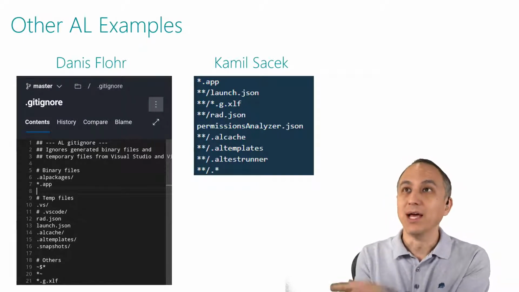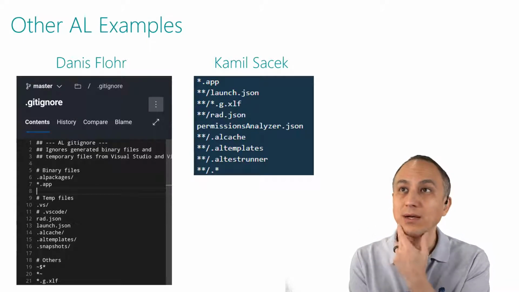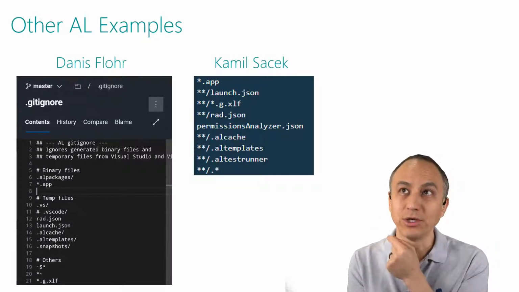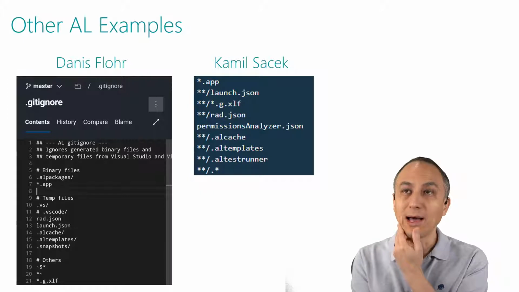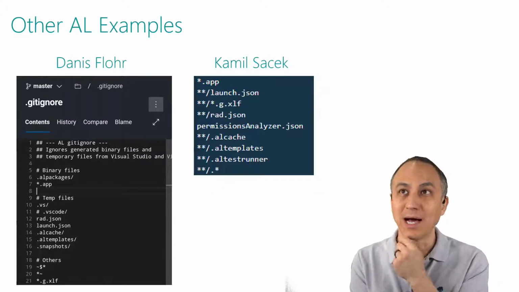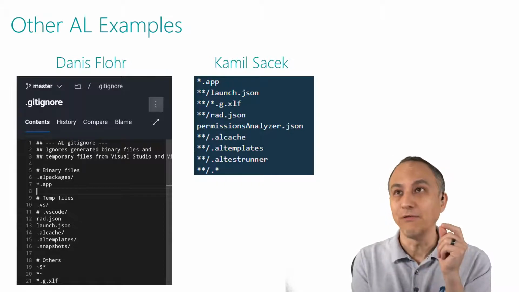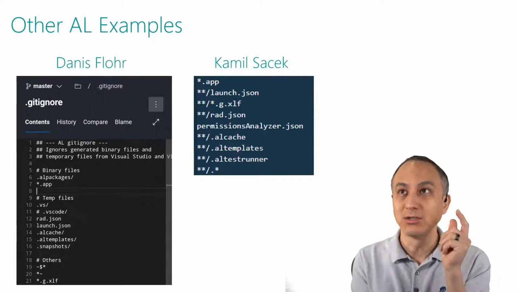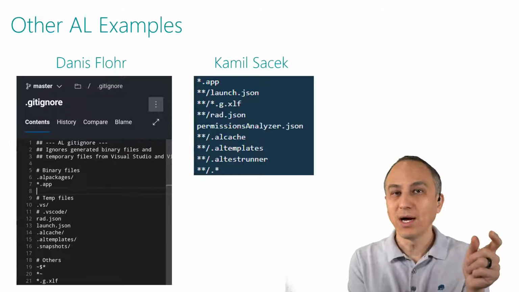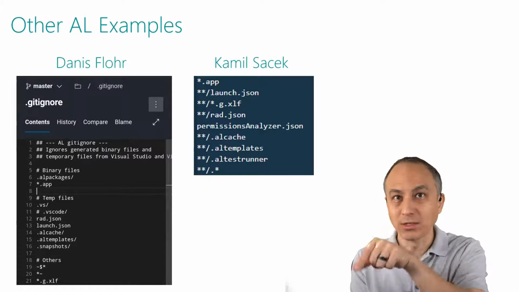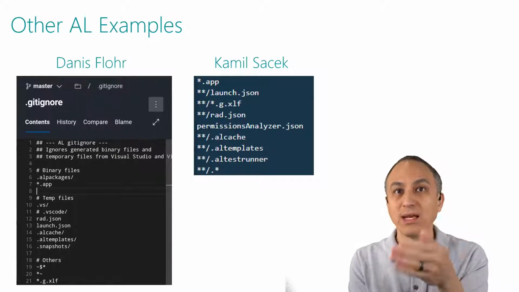And then Camille responded with his. His is interesting. It takes a different approach. He's got the star.app, but then he's got the double asterisk. And I had to look that up. What that does is it says if you find launch.json in any directory or subdirectory within your project, then exclude it.